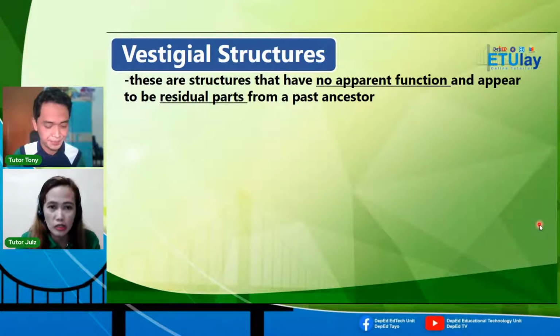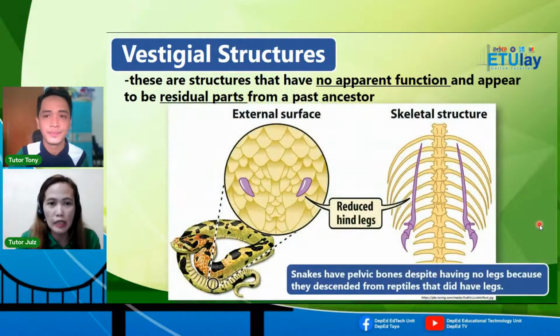Next, the vestigial structure. When we say vestigial structure, these are structures that have no apparent function, wala na daw gamit, and appear to be residual parts from a past ancestor. So ito ay an evidence na we evolved from another organism. Okay?